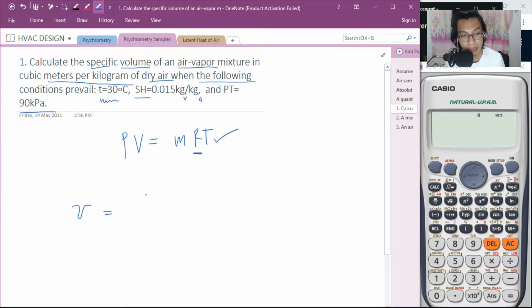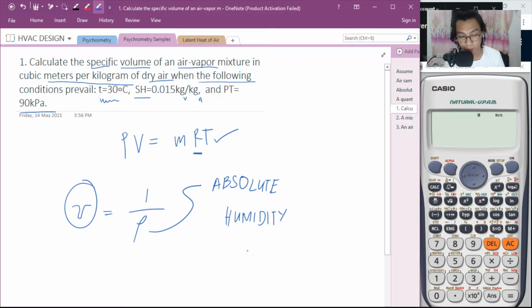And that is the reciprocal ng ating density, or, anong tawag doon? The absolute humidity. Itong density. Absolute, tinuro ko sa inyo yan. But much for that, ang hinahanap natin is the specific volume.